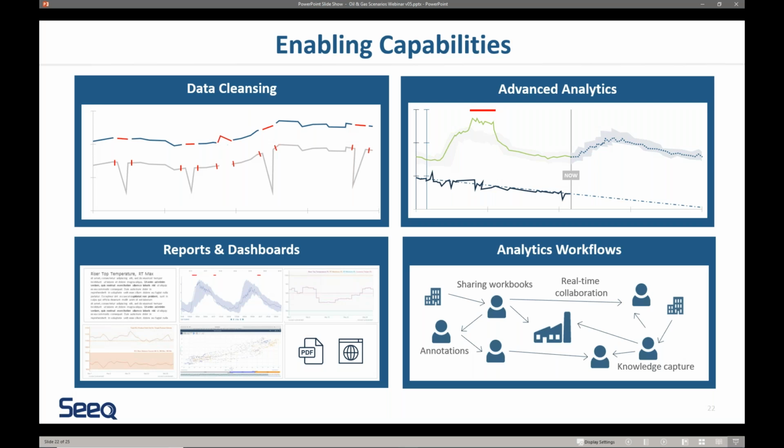We've talked about the importance of reporting the results, and then finally how this feeds into an analytics workflow and thinking about how we're able to take and share this information to ultimately help the business.